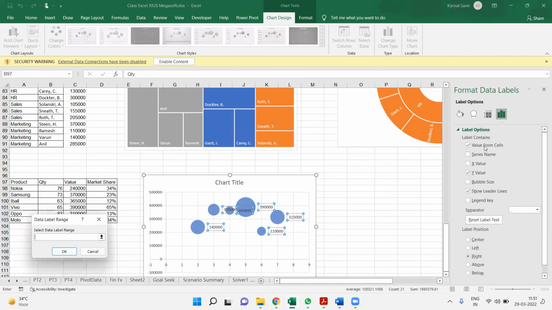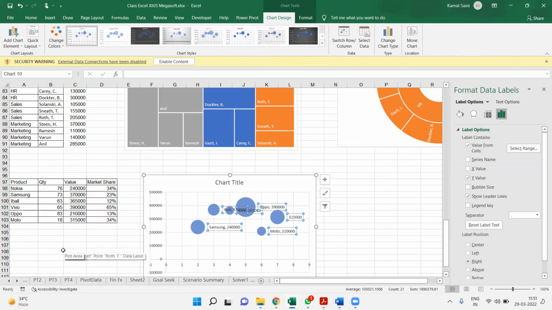So values from the cells will display these values, basically the labels. Now I don't want to show the y values, only those are sufficient. And these values should appear in the center of the bubbles.